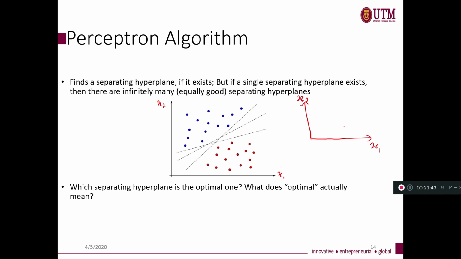I have a dot, that this one is class 1, and this is class 2. This is my data. And then you have another one here, class 1.